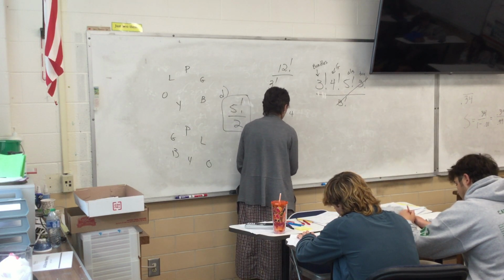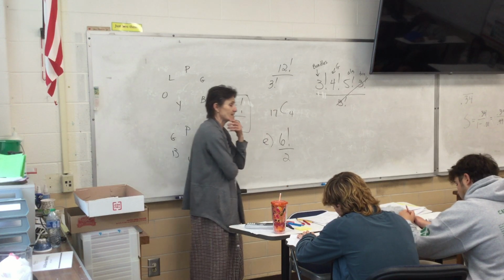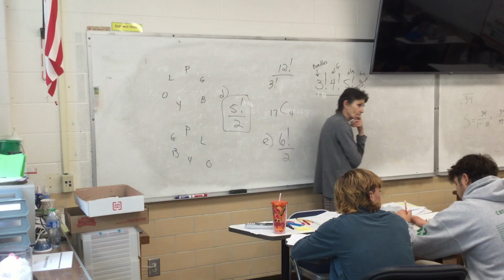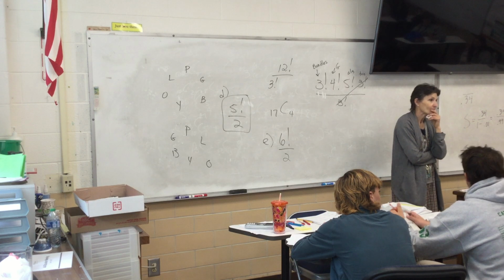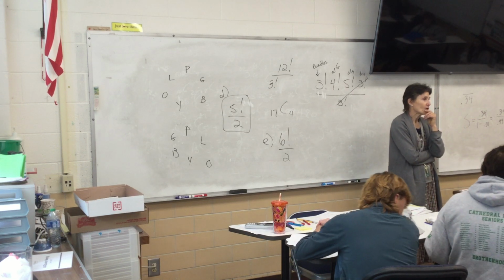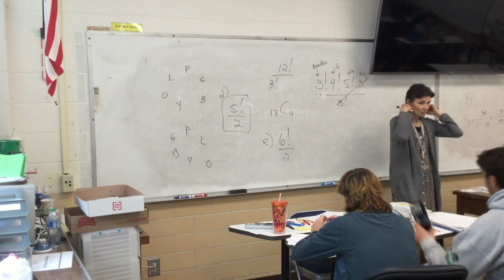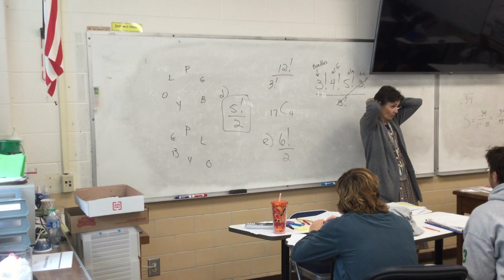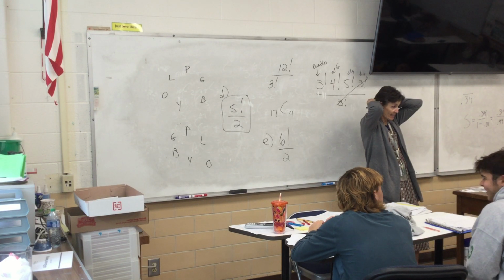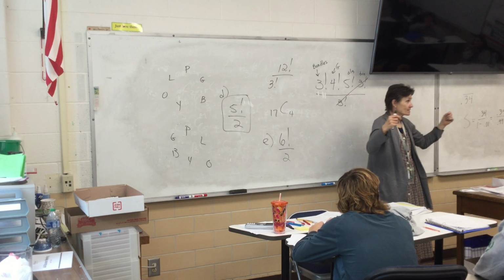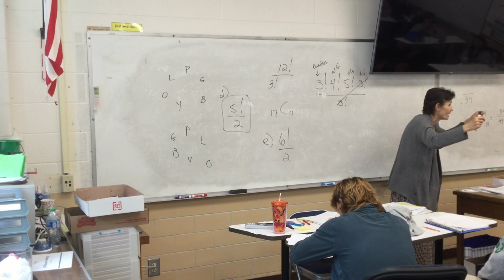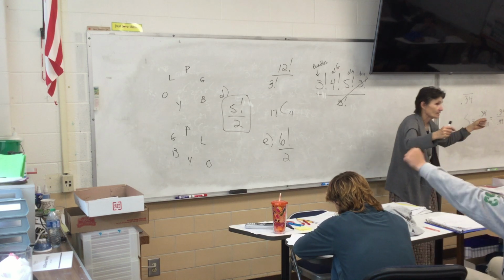Now, Mary, tell me why it's 6 factorial. Since there's a clasp, it's like they're in a row because it's not a full circle. You all know what a clasp is on a necklace? What does a clasp do? It turns that circle into a line.